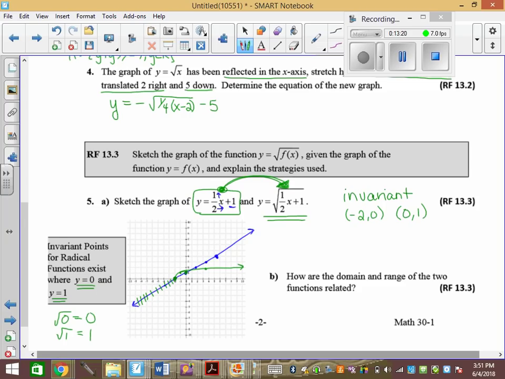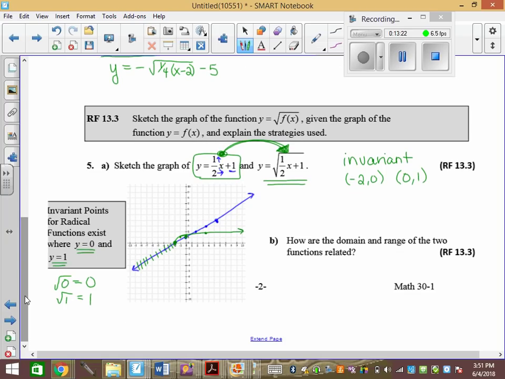So how are the domains of the two functions related? Well, where the two graphs both exist will be where the domain is.